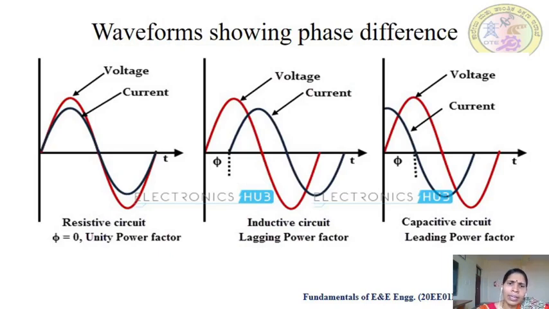Yes, here in the inductive circuit, the current lags behind the supply voltage by an angle phi. So therefore it is called lagging power factor. It gives lagging power factor because of the time taken to store the energy.